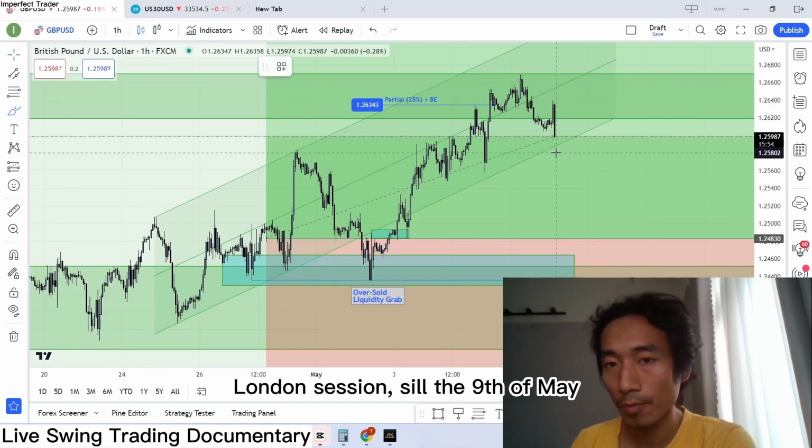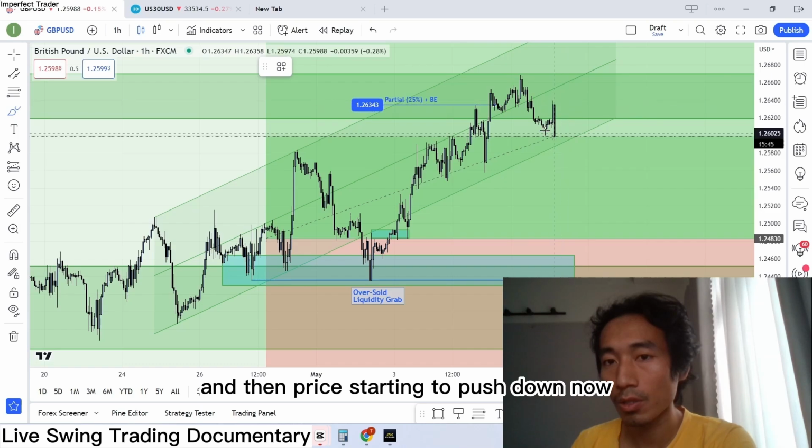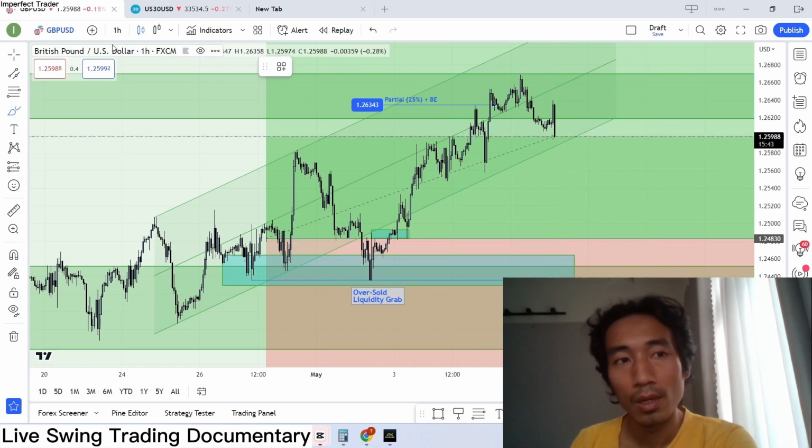You can see that London session is still the 9th of May, and you can see price traded up in the London session, in pre-London, and then price is starting to push down now.